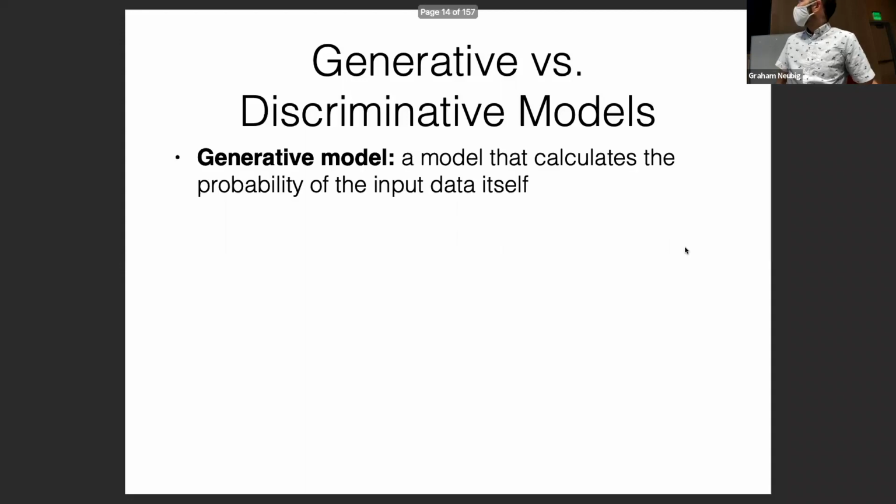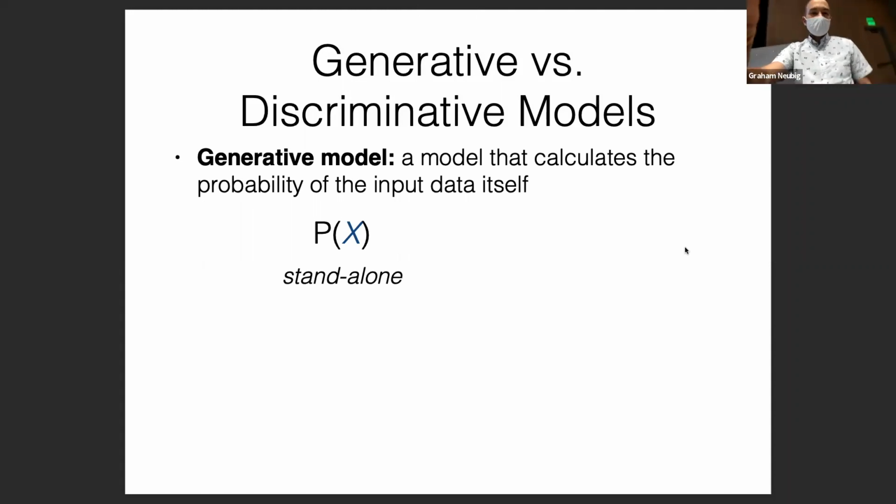So a generative model is essentially a model that calculates a probability of the input data itself of any variety. So if we have an input sentence, X, we can calculate the probability of the input sentence X on its own. Does anyone have an example of a model that's like this?